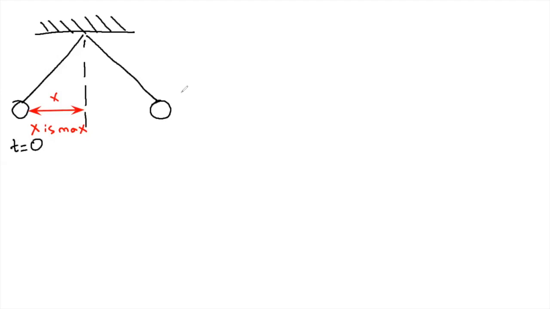One thing I have to tell you guys, this is called the mean position. This dotted line is my mean position. And this part where you release your pendulum is called the peak position. So remember these terms, peak position. So we are starting at peak position.